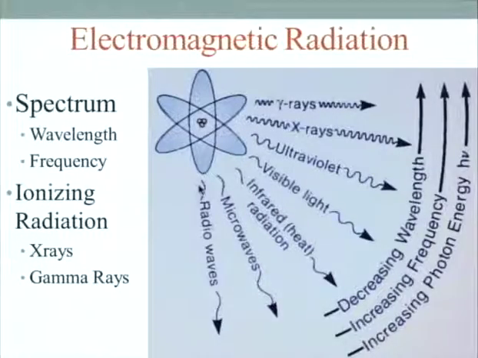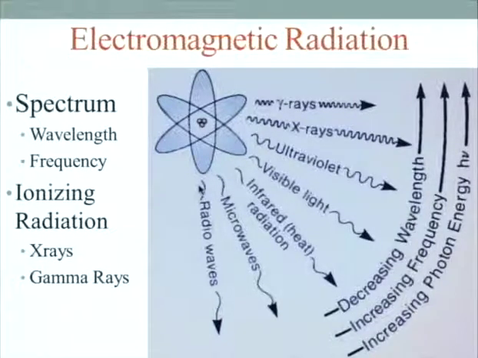So electromagnetic radiation is all around us, from radio waves to visible light to X-rays and gamma rays. It's characterized by wavelength and frequency. Radio waves have the longest wavelength, the shortest frequency. X-rays and gamma rays have the shortest wavelength and the highest frequency. Since energy is proportional to the frequency, X-rays and gamma rays have enough energy to actually break chemical bonds.